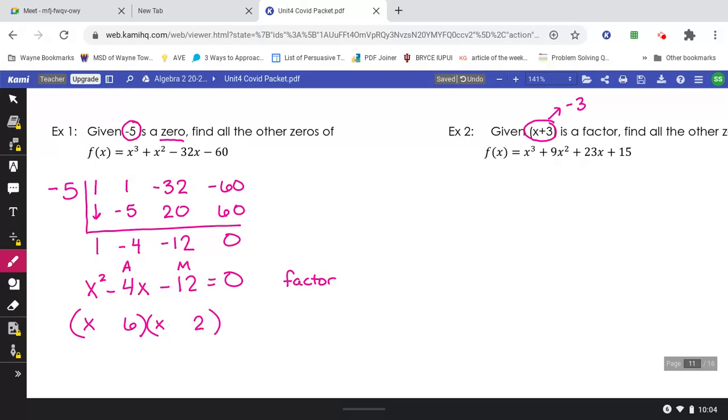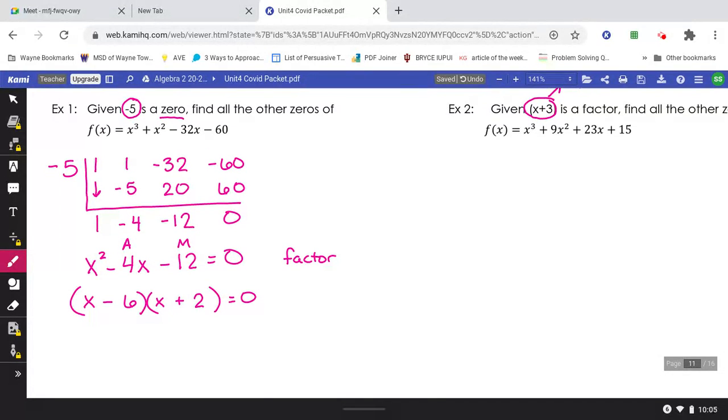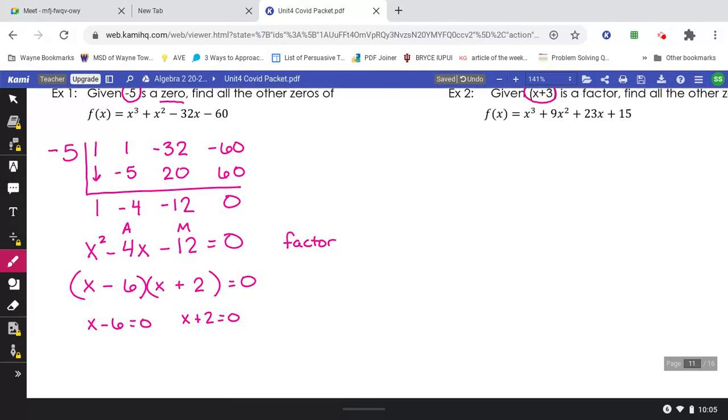The 6 will have to be negative. The 2 will have to be a positive. And then I would solve. So I'll set each one of those equal to 0. And I can solve it out. You probably remember that at the end here, you're just going to end up changing the signs. So if you want to do this part in your head, that's fine too.